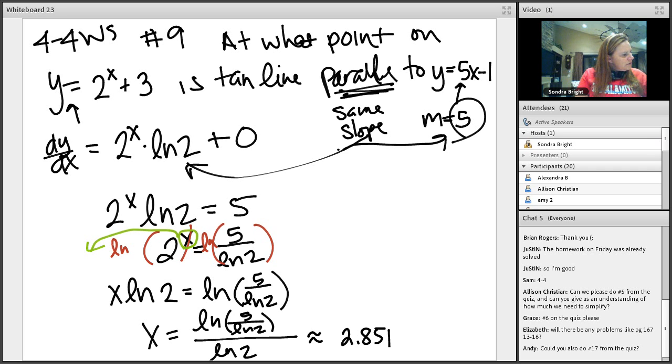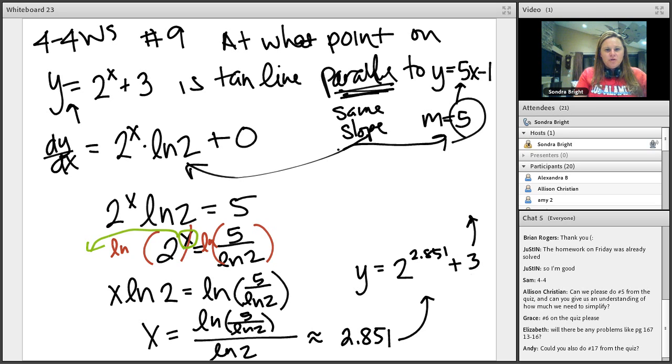And then, there's only one answer there, but you're going to plug that in to your y value. And y would equal 2 to the 2.851 plus 3, which means your x would be 2.851. And then your y value, whatever that ends up giving you, must be 10.213.